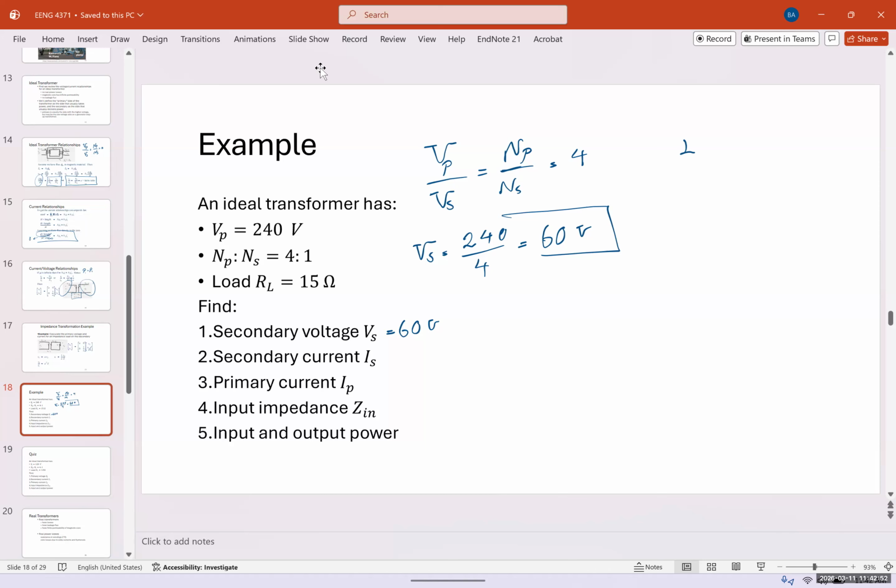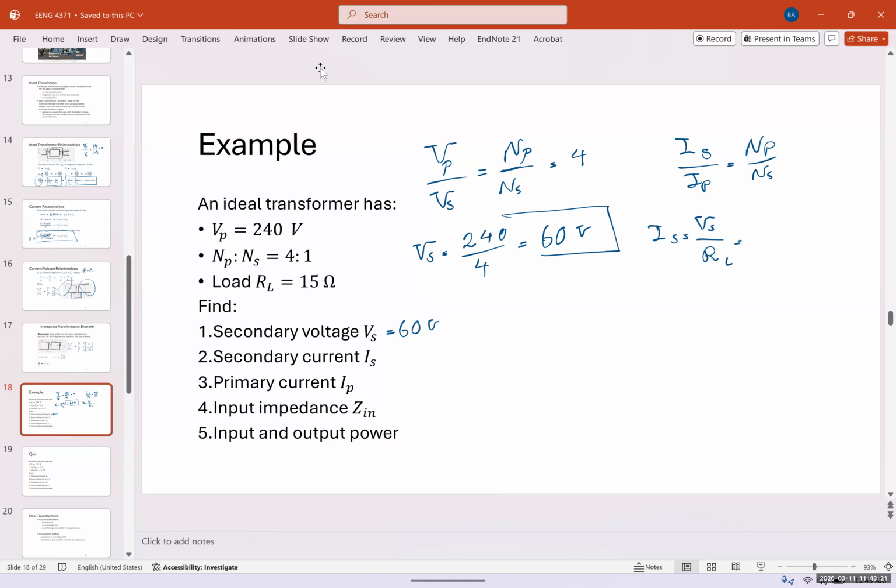Now, what is the relation for I secondary over I primary? It is also equal to NP over NS. Now, how can I find the secondary current? It's going to be V secondary over R load.